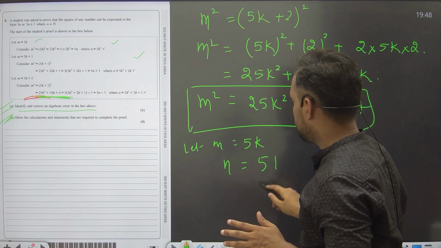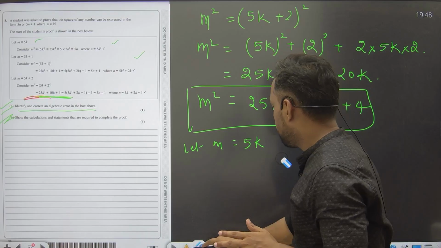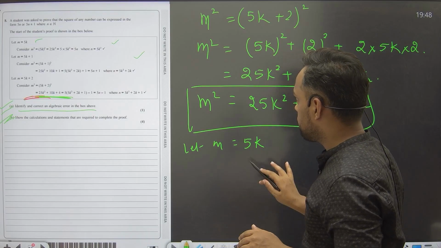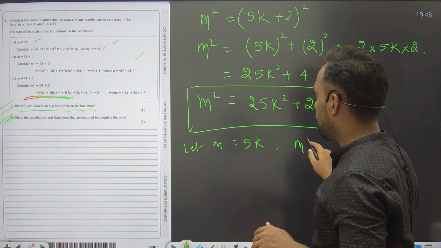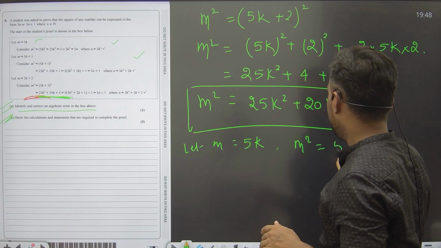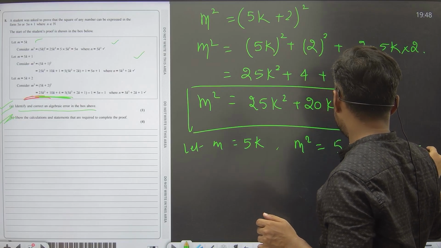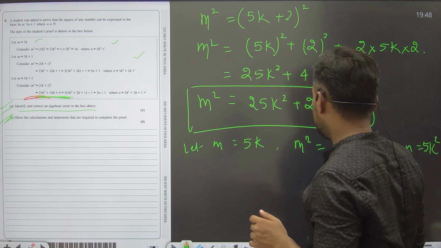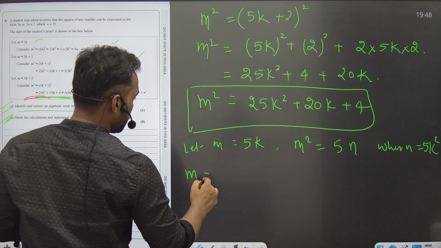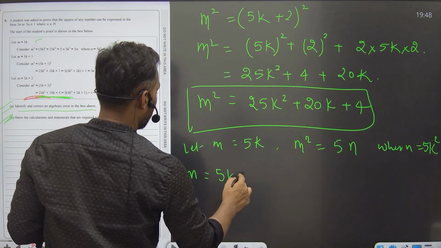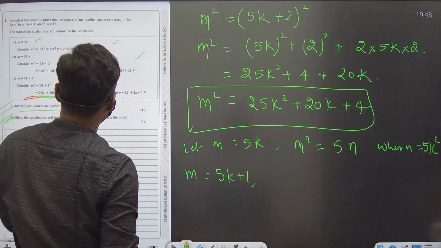The first two statements are correct, so we'll directly write m square equals 5n, where n is 5k square. This is correct. Similarly, m is equal to 5k plus 1. This statement is also correct.